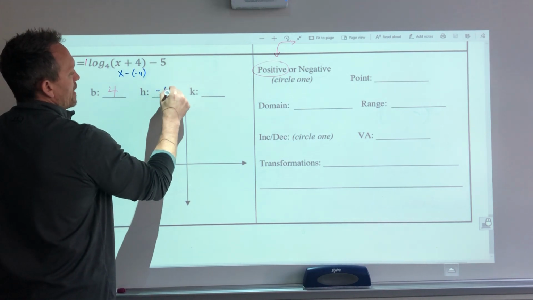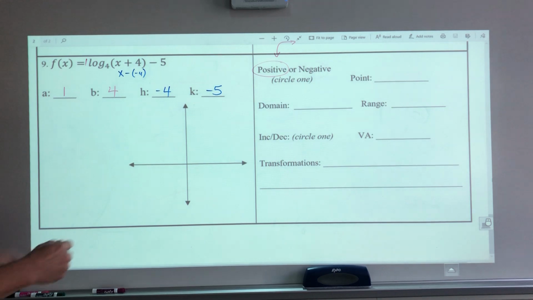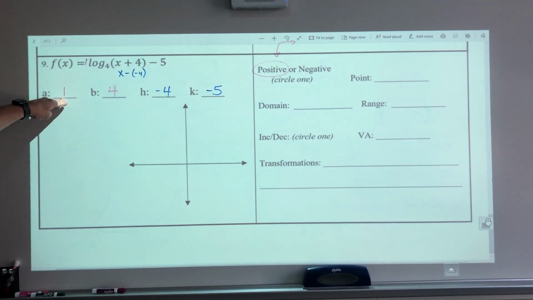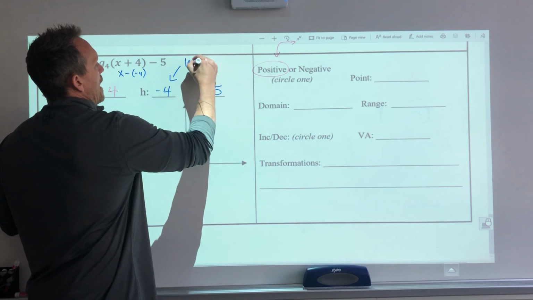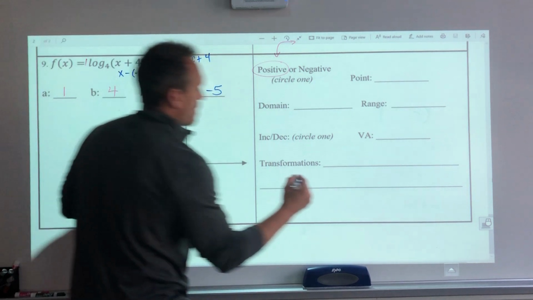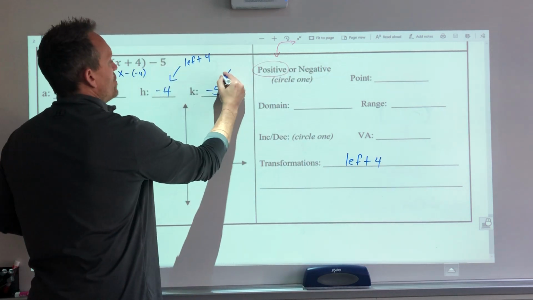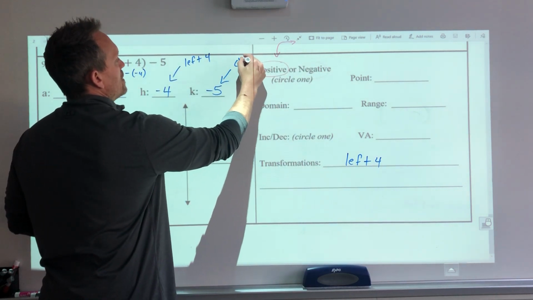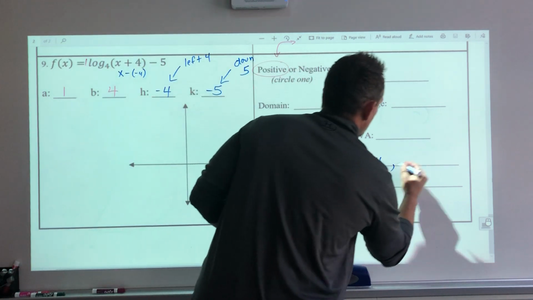So H is negative 4, and my K is negative 5. So now I have no vertical stretch, no reflection, but I do have left 4. I do have down 5.